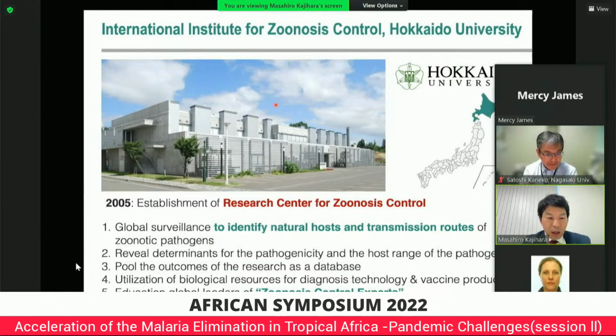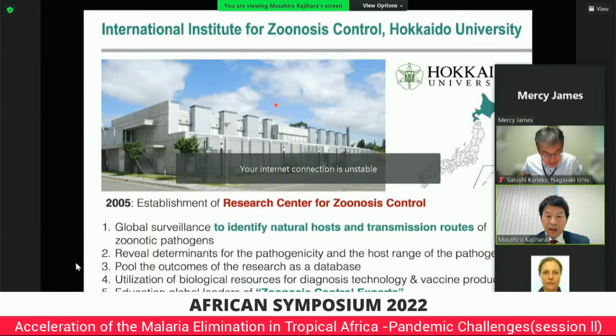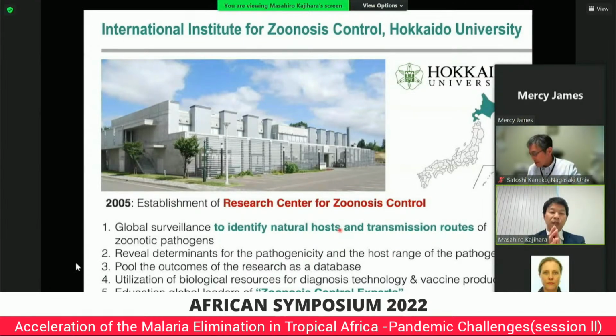Last year we reorganized it into the International Institute for Zoonosis Control. Identifying natural hosts and transmission routes of zoonotic pathogens is one of our major missions, and education is also important to make global leaders as zoonosis control experts.